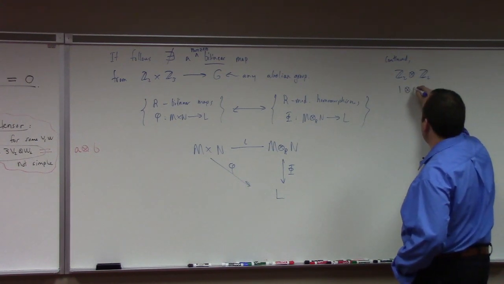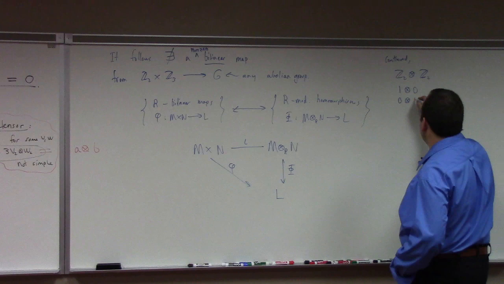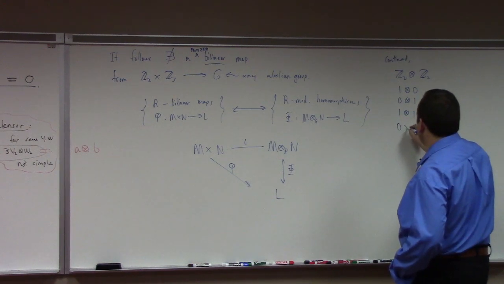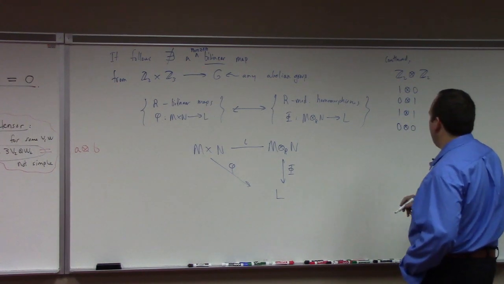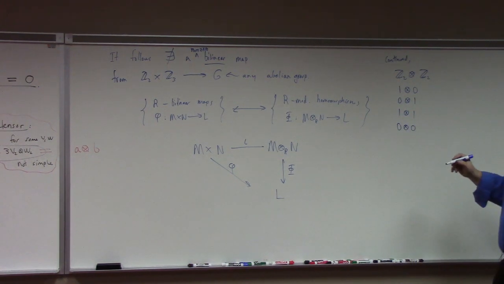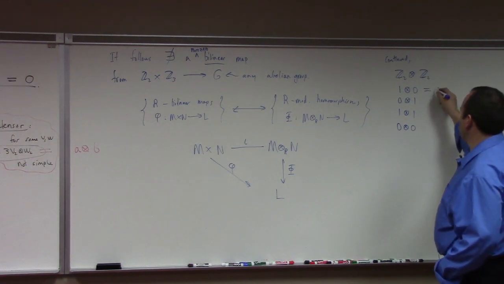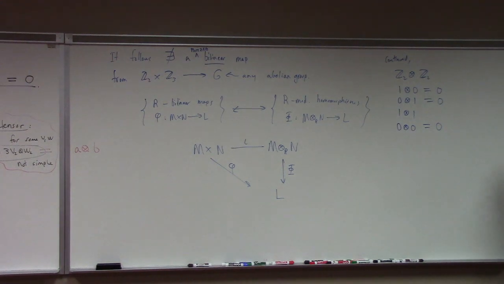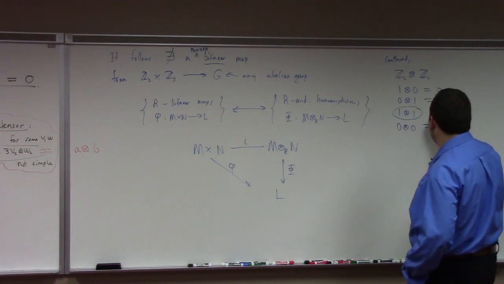We've got 1 tensor 0, we've got 0 tensor 1, we've got 1 tensor 1. Anything else? Oh, how about 0 tensor 0, right? We know from example 1 that this is 0, that's 0. These are all the 0 in the tensor product of Z2 and Z2, right? And so our only hope is, is this non-zero?